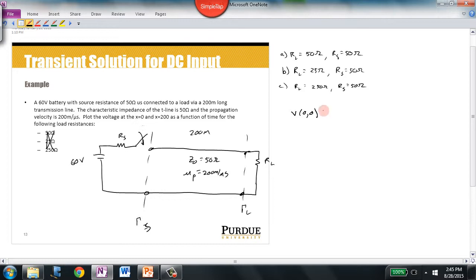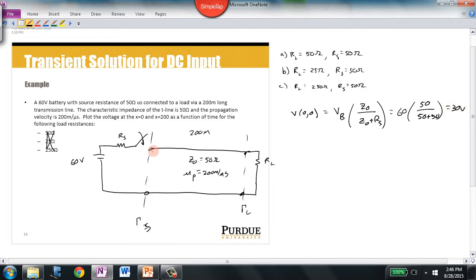The value of that is determined by the voltage divider between the characteristic impedance and the source resistance of the battery, so it's Z0 over Z0 plus RS. The battery voltage is 60 volts, and we multiply that by 50 over 50 plus 50, which gives us a value of 30 volts.